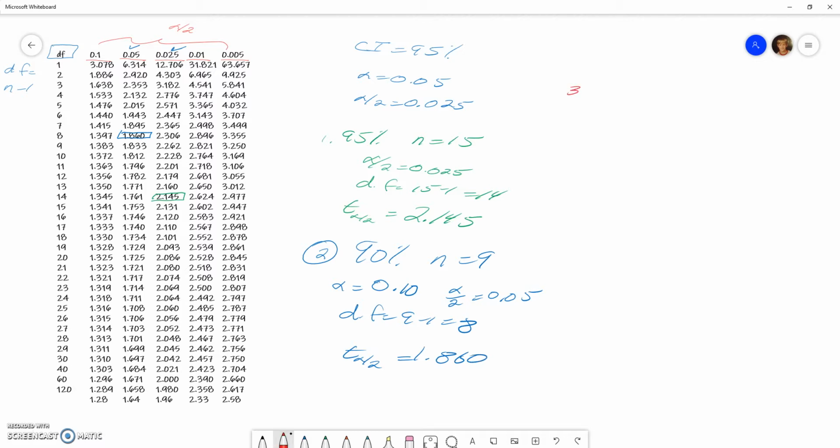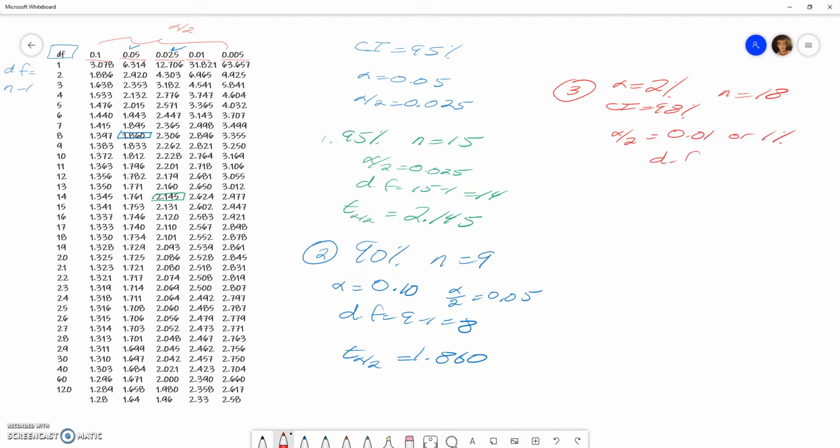The third example, following along, states that chance of error is 2% and sample size equals 18. Just remember the chance of error, 2%, means we're working on a 98% confidence interval. Since we already have calculated alpha, we just need to divide that by 2, so we get 1%.